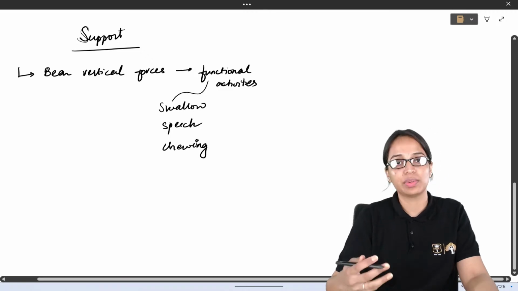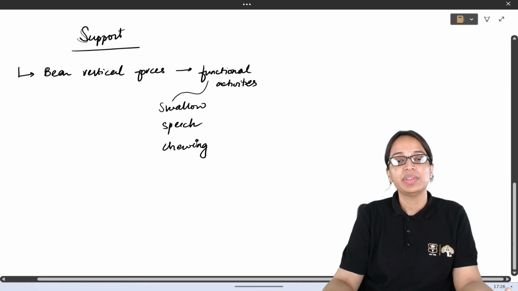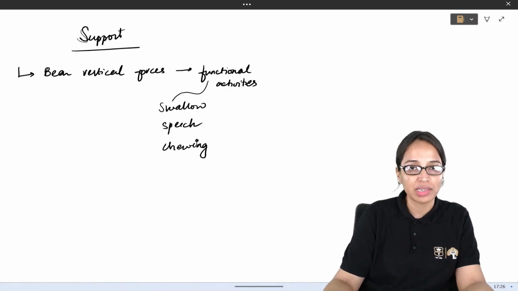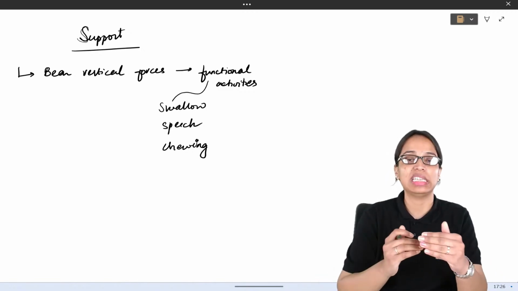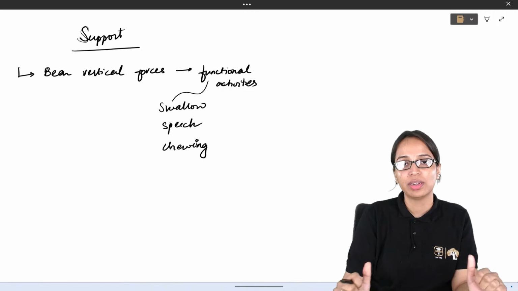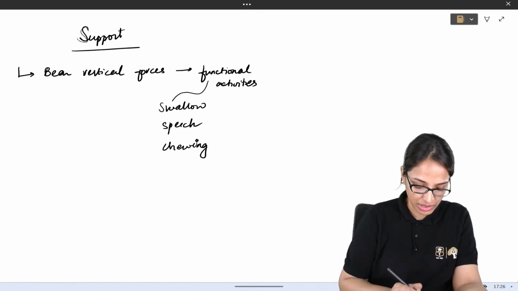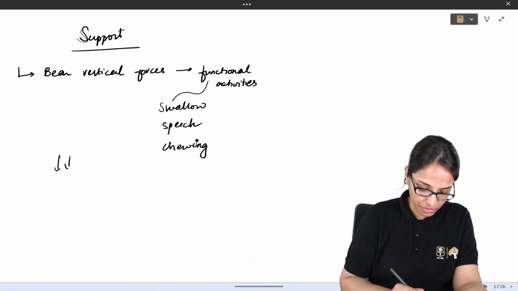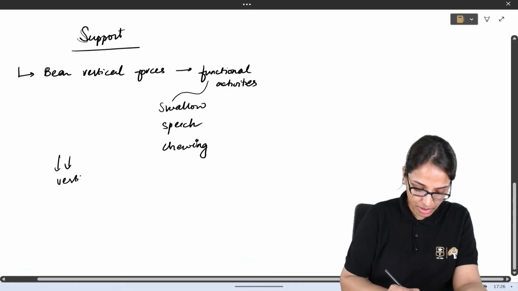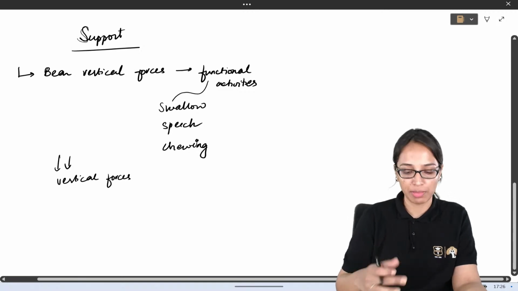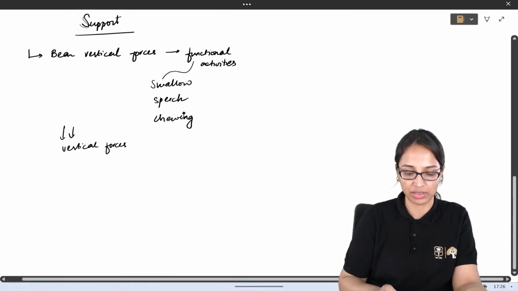Now, understand one process with me here. We swallow multiple times every minute. If all of you listening here are sitting in the rest position of the mandible, with the teeth slightly apart from each other, when you swallow, your teeth momentarily come in contact, and that generates vertical forces of occlusion. Whatever the magnitude, some amount of force is always generated.